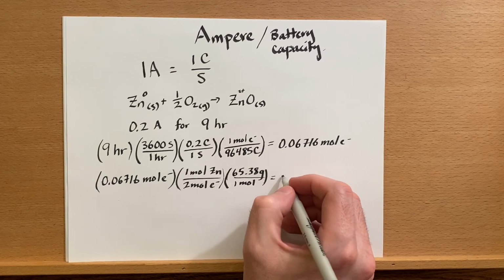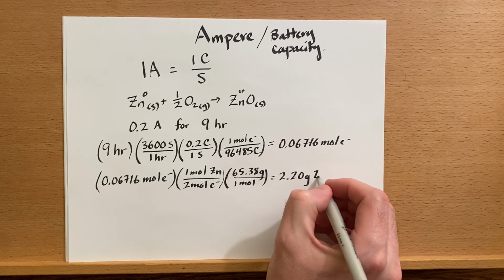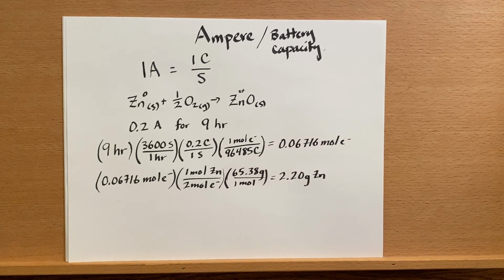And I get about 2.20 grams of zinc. And that's how to use the ampere to do some calculations to determine what the battery capacity is. And this is also something that you can do to determine how much of a substance you would need to get a certain amount of capacity.